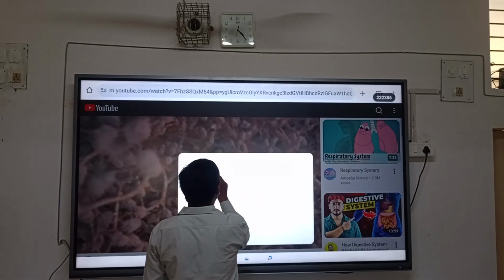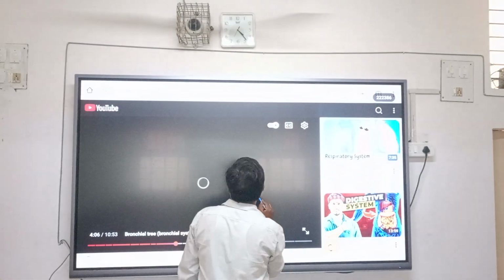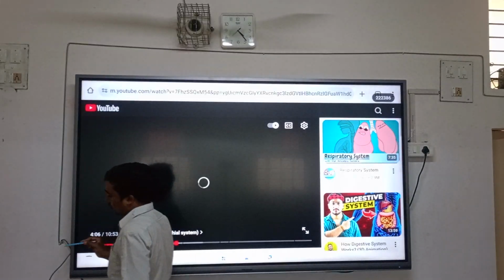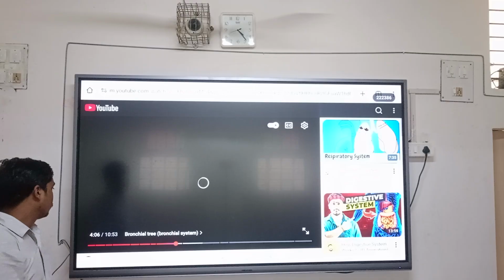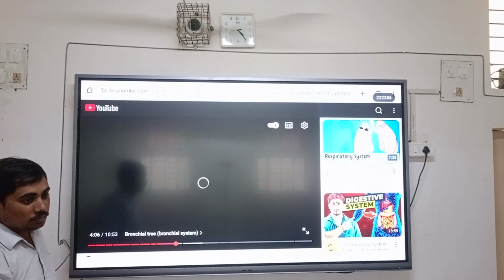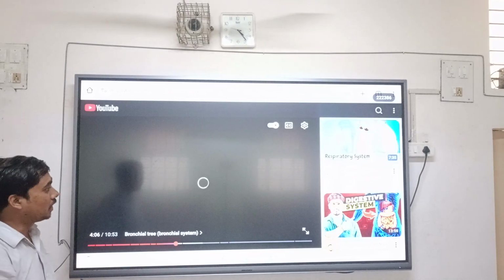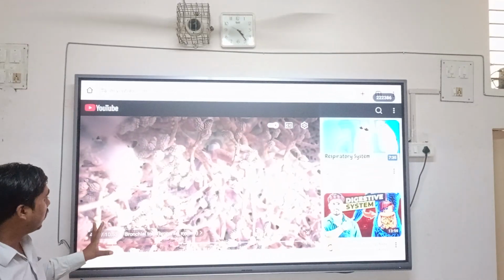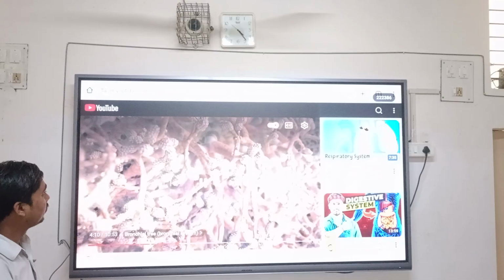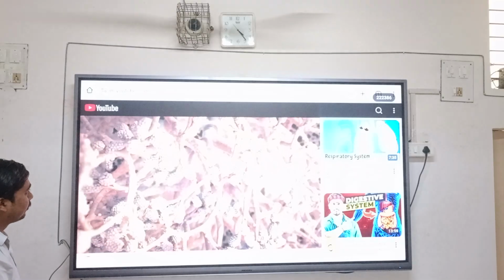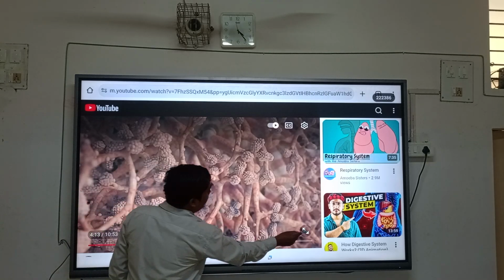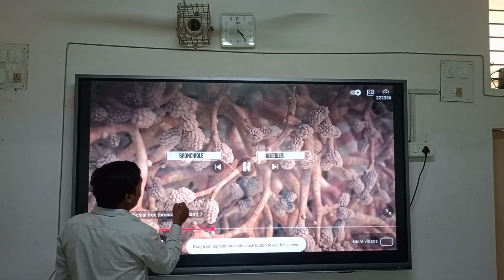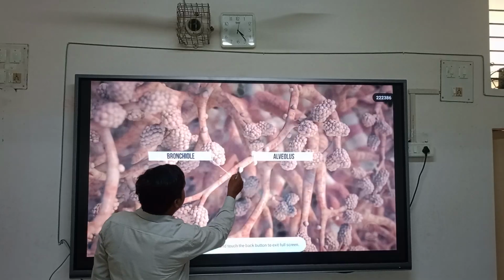Large branches have cartilage. The thin branches at the end of the bronchial tree are called bronchioles. Instead of cartilage, they are surrounded by elastic fibers and muscle.